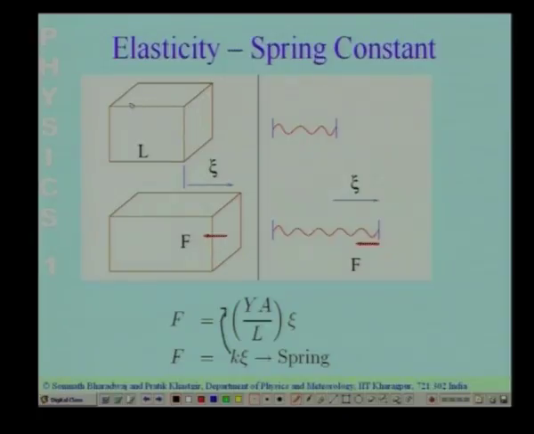Let me repeat again. If I have an elastic body of cross sectional area A, Young's modulus Y and undeformed length L, I can think of this as a spring of spring constant YA by L. So, if I introduce an elongation xi, so I pull this, I deform this by an amount xi, then a force is going to be developed which opposes this deformation, and the force is the spring constant, which is YA by L, times the deformation.